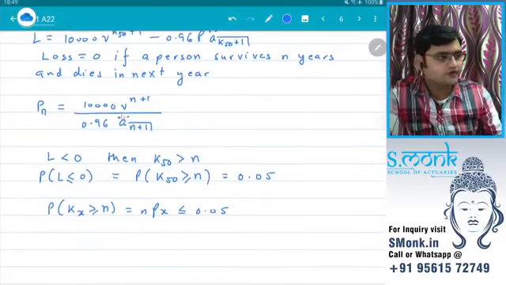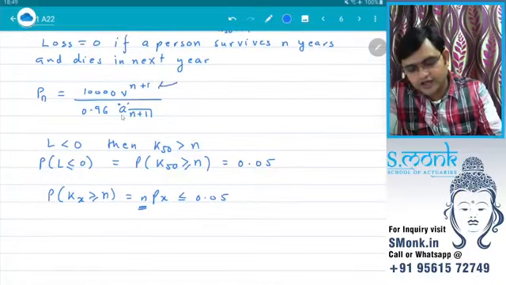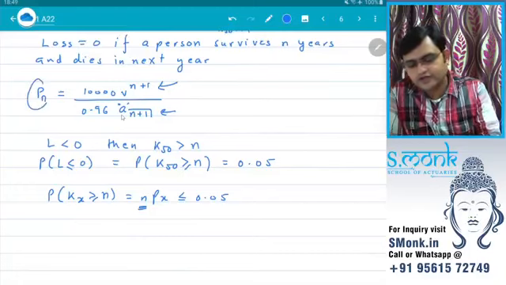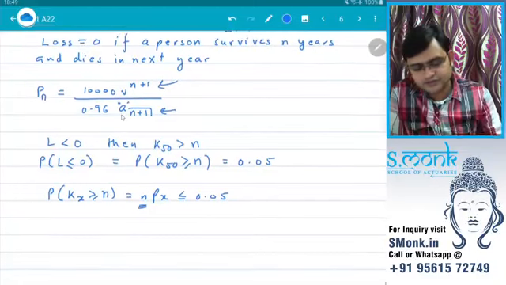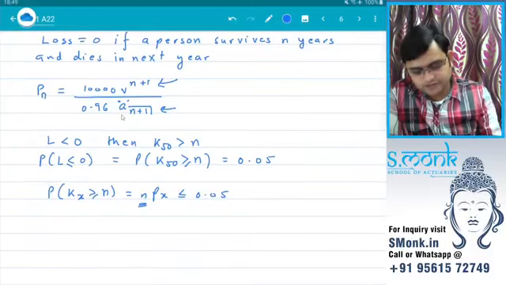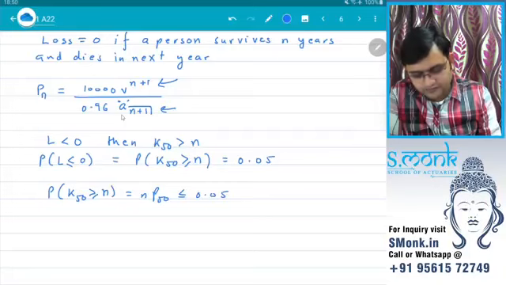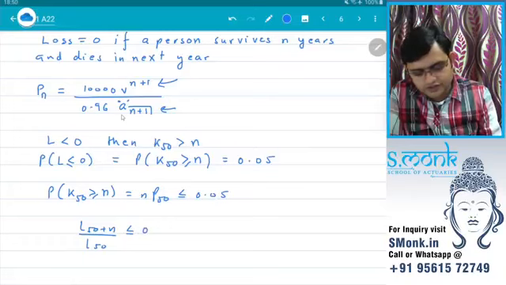Here we'll figure out our n, and as we figure out our n, we can substitute it here and we will get the value of the premium that is supposed to be charged. So let's figure out our value of n. x is 50. So npx would just be L50 plus n by L50 should be less than or equal to 0.05.